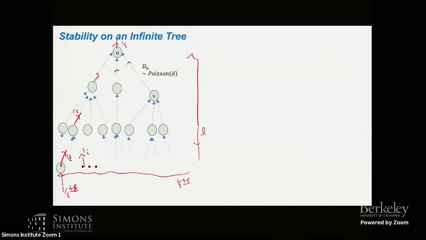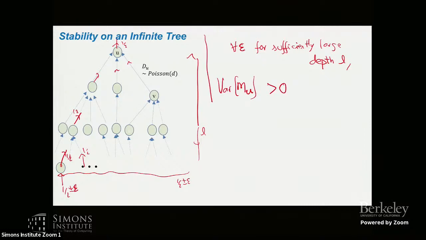Let's say epsilon is some fixed number. For every epsilon, for sufficiently large depth L, you want that the marginal output of the root has variance strictly greater than 0. Then we would say this is unstable.